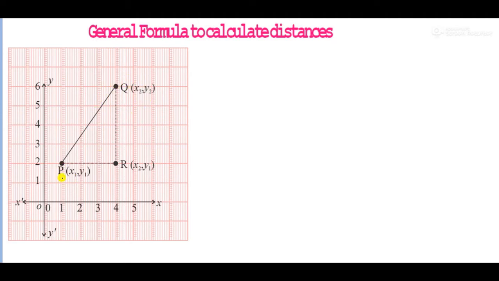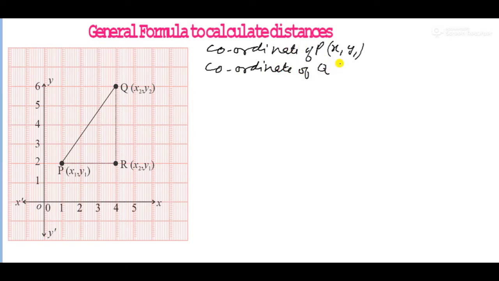In this figure you have to see the coordinate of P, that is x1, y1, and the coordinate of Q, that is x2, y2. Now we want to find the distance PQ.